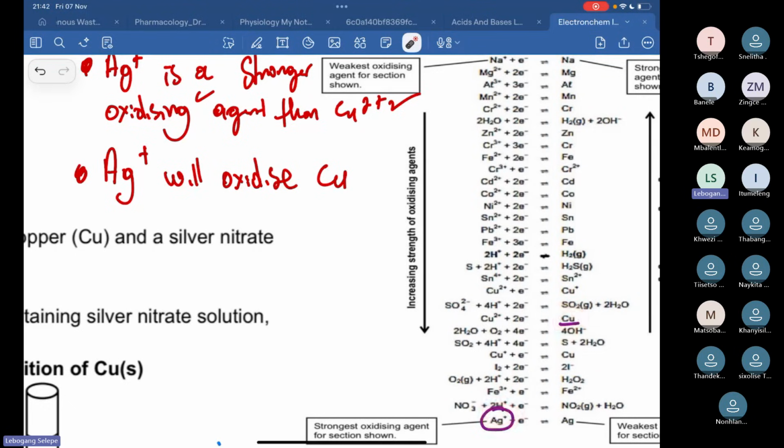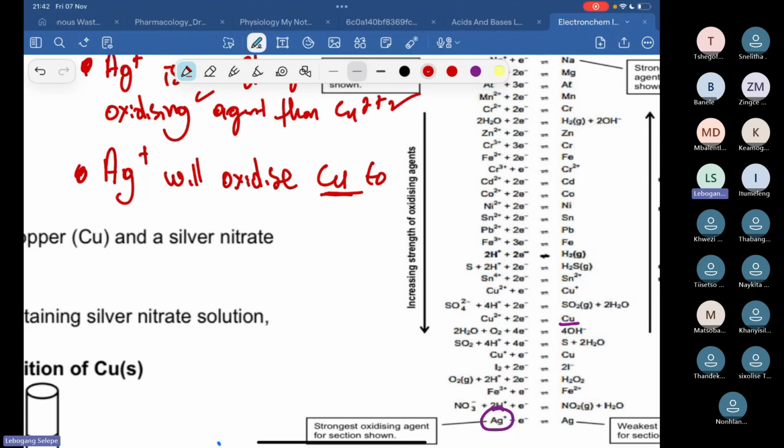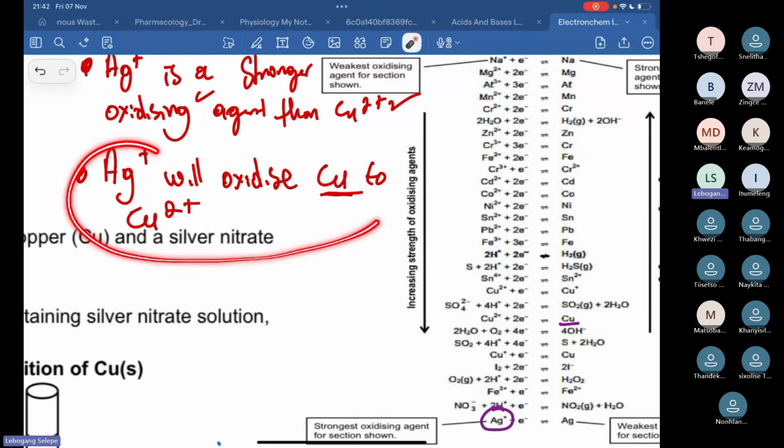So Ag+ will oxidize Cu. What does it mean when I say Ag+ would oxidize Cu? It will oxidize it to Cu2+. What does this statement mean in terms of electron transfer?